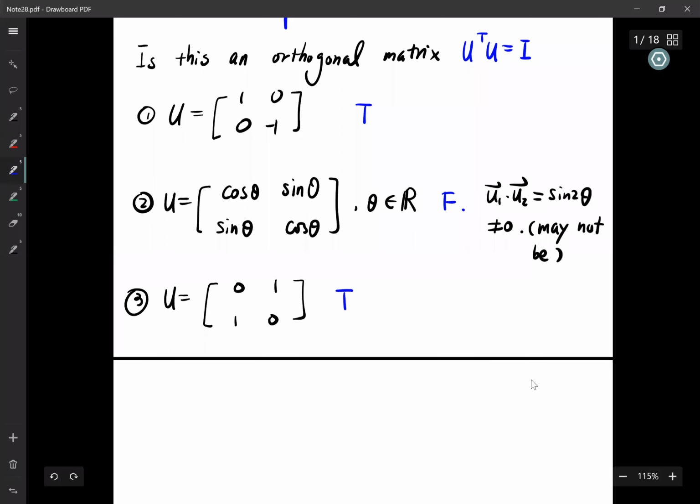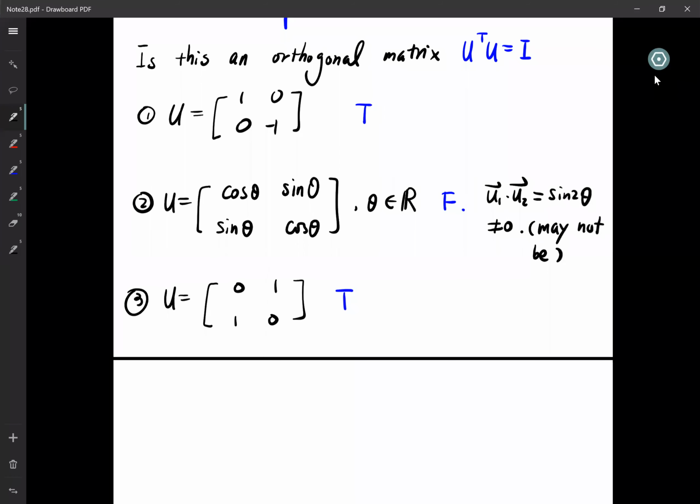Any question? Sorry, the definition of orthogonal matrix is only that the columns are orthogonal, or do both columns and rows have to be orthogonal? Good question. So we proved before that if the columns are orthogonal, then the rows must be orthogonal as well.